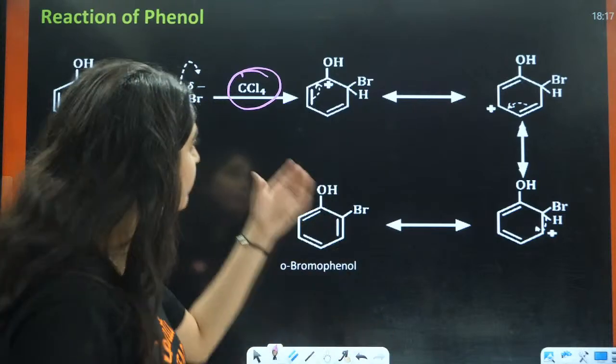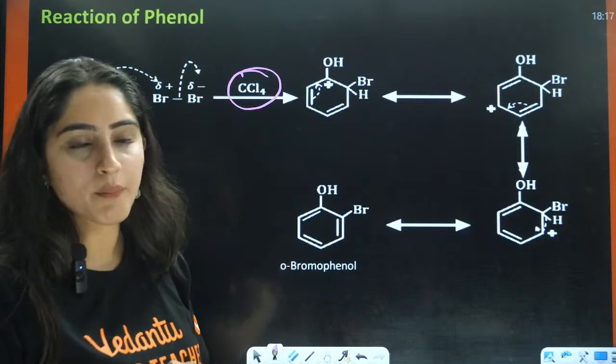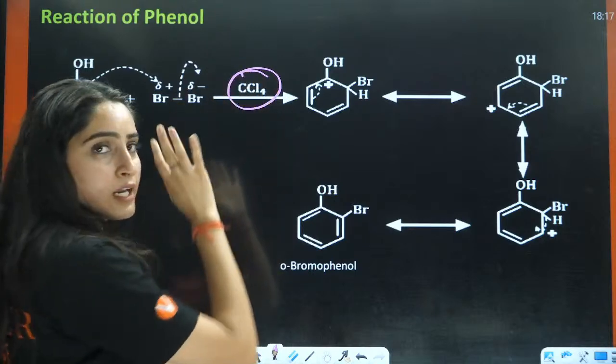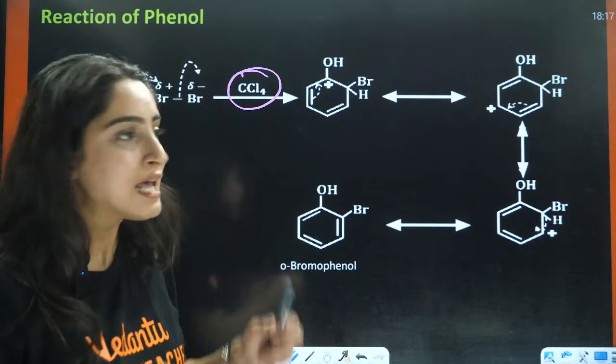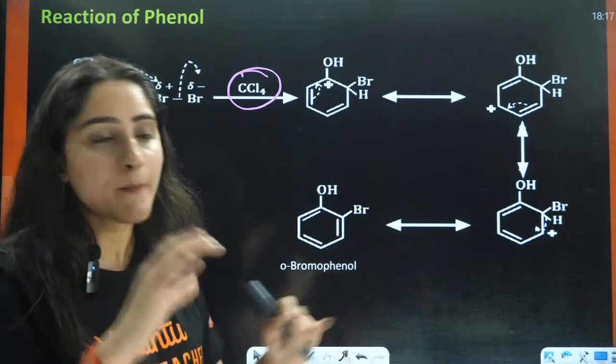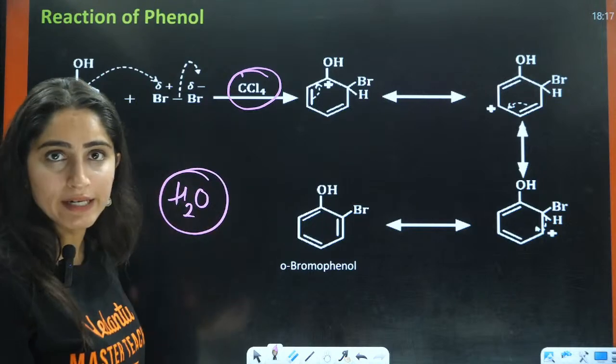In a non-polar solvent, the electrophile will be generated, because CS2 is a non-polar solvent. That is why it can attack individually and form ortho and para products. But when we talk about water, that is a polar solvent.